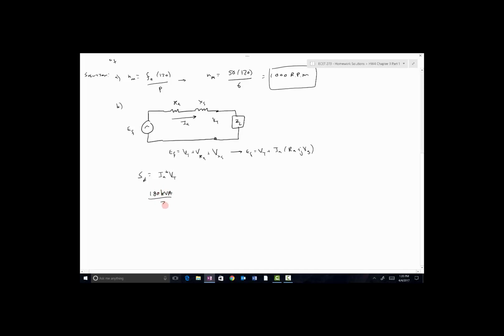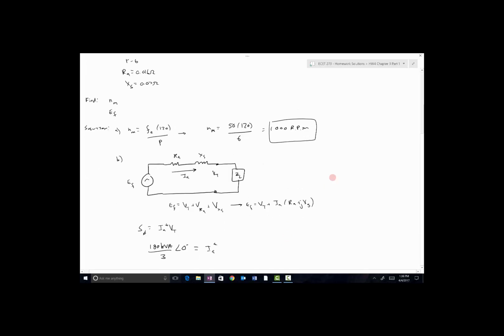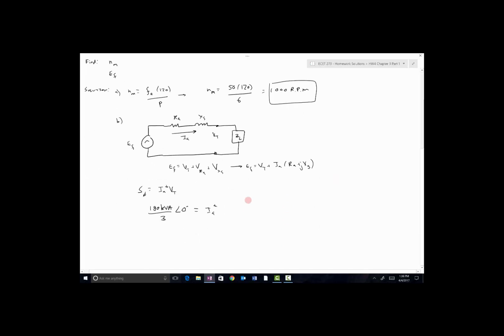If I divide that by 3, I get single phase power. This is a power factor of 1, which means that the angle associated with that is 0 degrees. So that's that. And then we say that is equal to I sub A, and then V sub T was given to us in the problem statement as 381 over root 3 at angle 0 degrees.